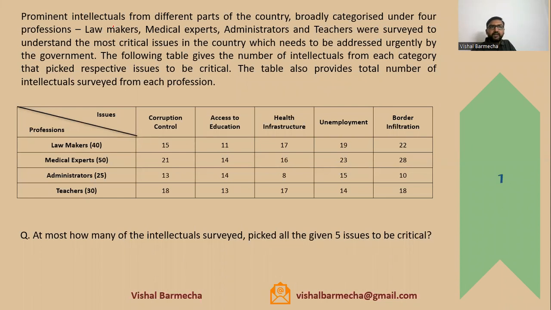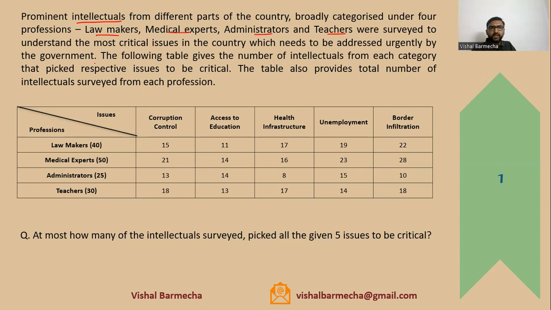Prominent intellectuals from different parts of the country, broadly categorized under 4 professions: lawmakers, medical experts, administrators, and teachers. So we have picked intellectuals from 4 different professions. Okay? They were surveyed to understand the most critical issues in the country which need to be addressed urgently by the government.